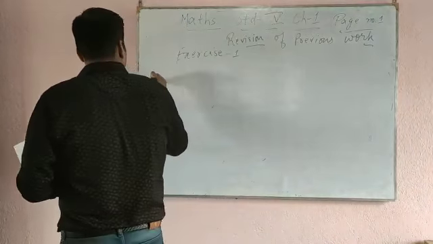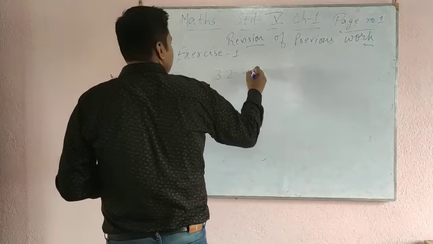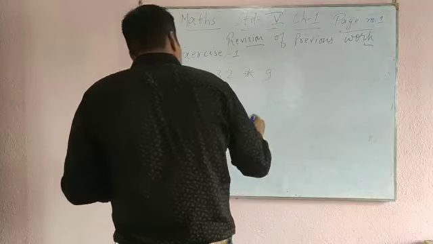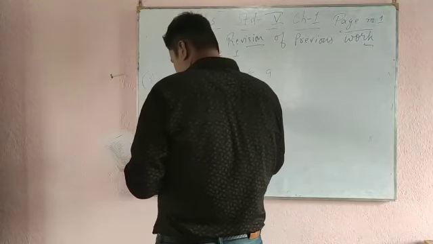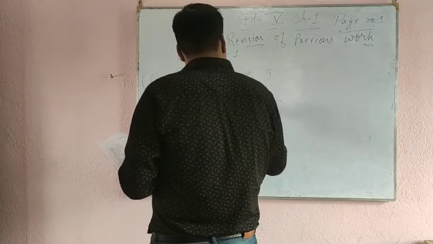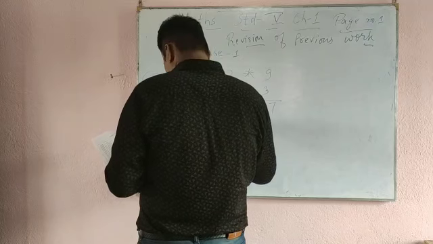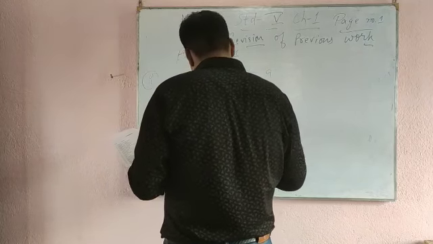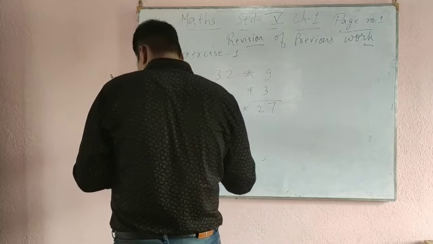So question number 9. See, one question: 3 2 star, 9 star 3. Here multiply. Now see, 9 star 2 7. Here star 5.